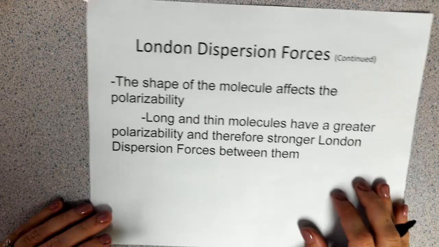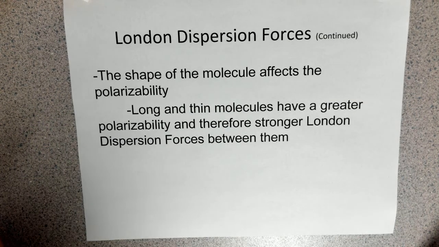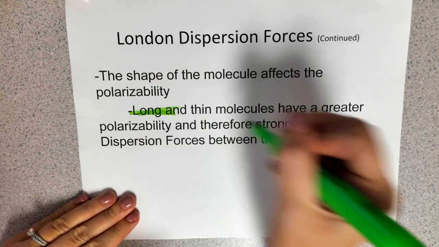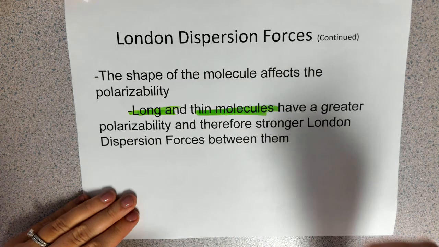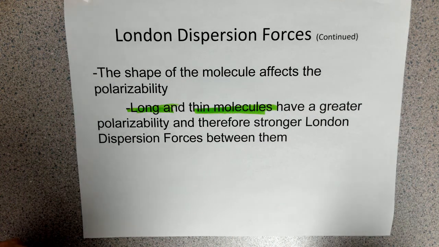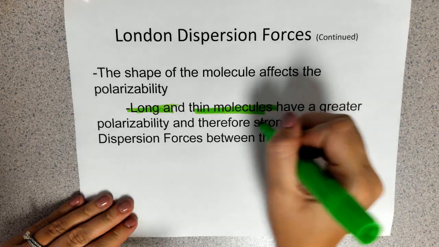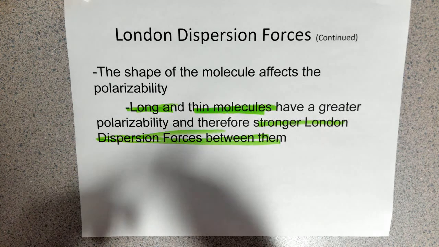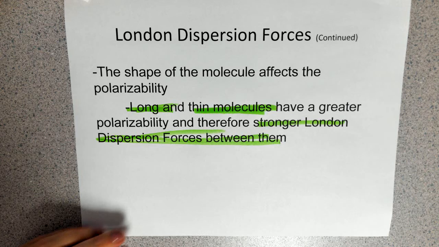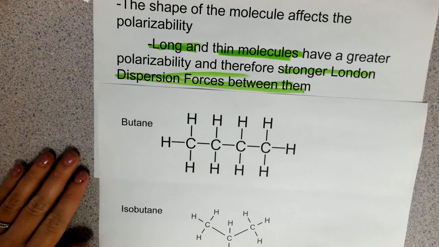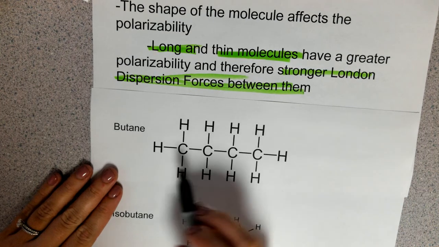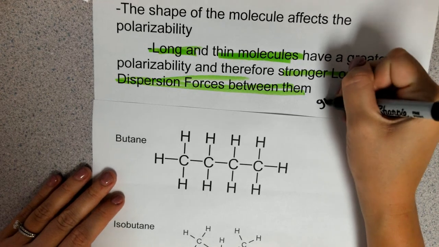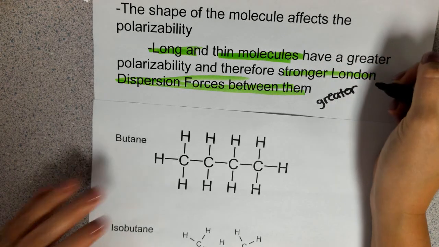Also, the shape of molecules can affect the strength of London dispersion forces. Long and thin molecules have stronger London dispersion forces between them. Think of butane, for example. It is long and thin, so there's a greater surface area than something that's not as long and thin.